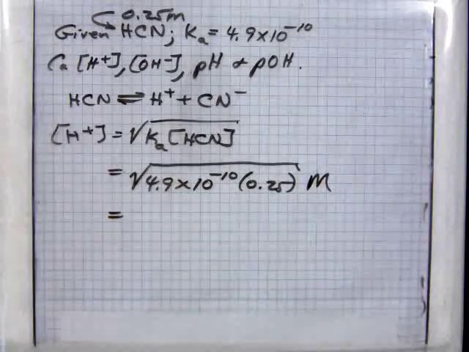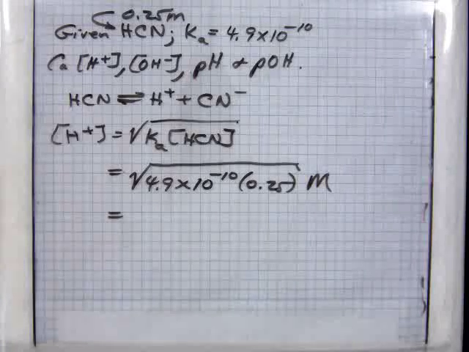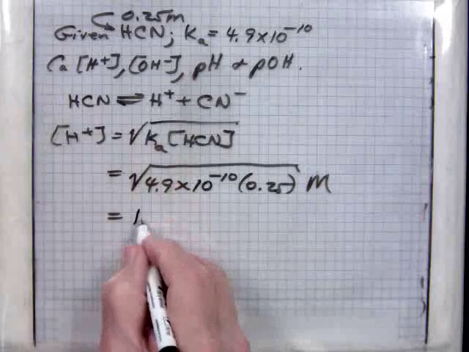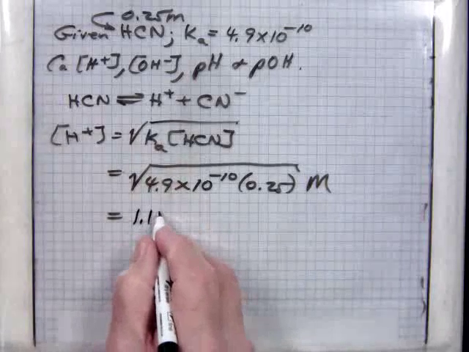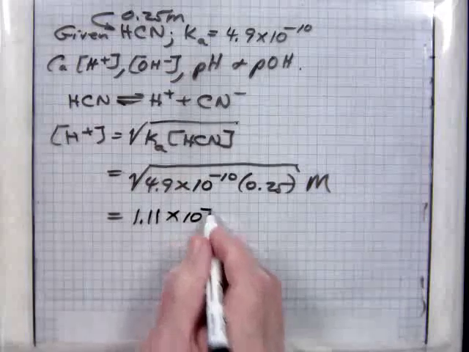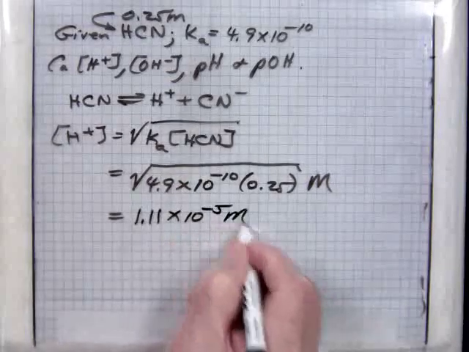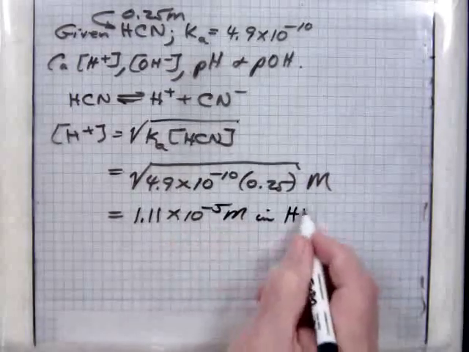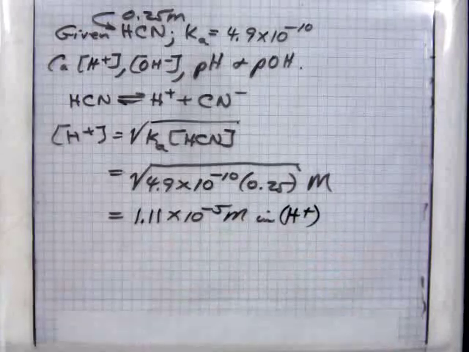Punching that into your calculator, I get 1.11 times 10 to the minus 5 molar in hydronium ions, right there.